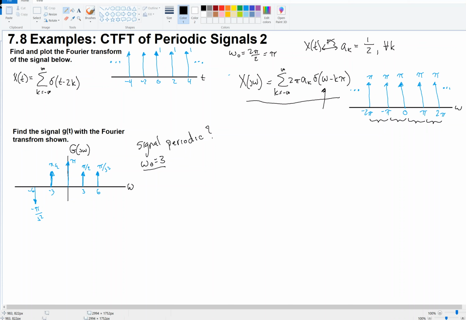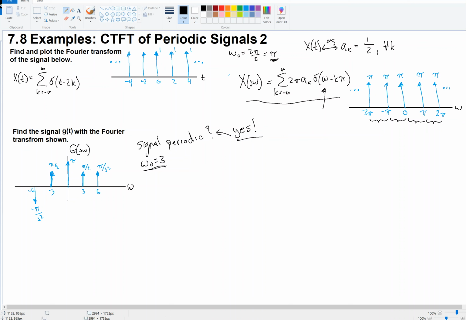Just like in our previous problem, omega 0 was pi, and then they were all spaced by pi. So omega 0 is going to be 3 in this case. They are all regularly spaced impulses, so we can conclude that the answer to this question is yes. We have a periodic signal, so we better have a periodic answer when we're done with this thing.